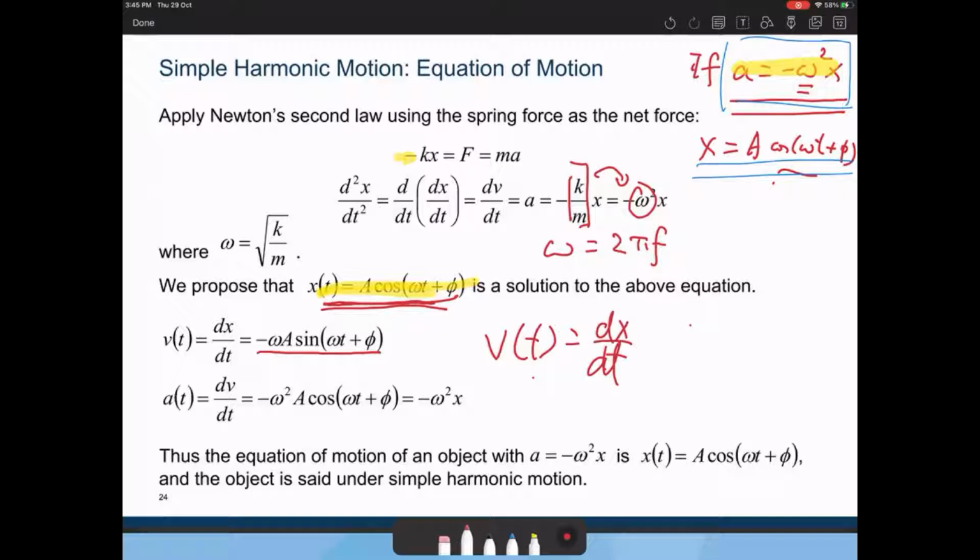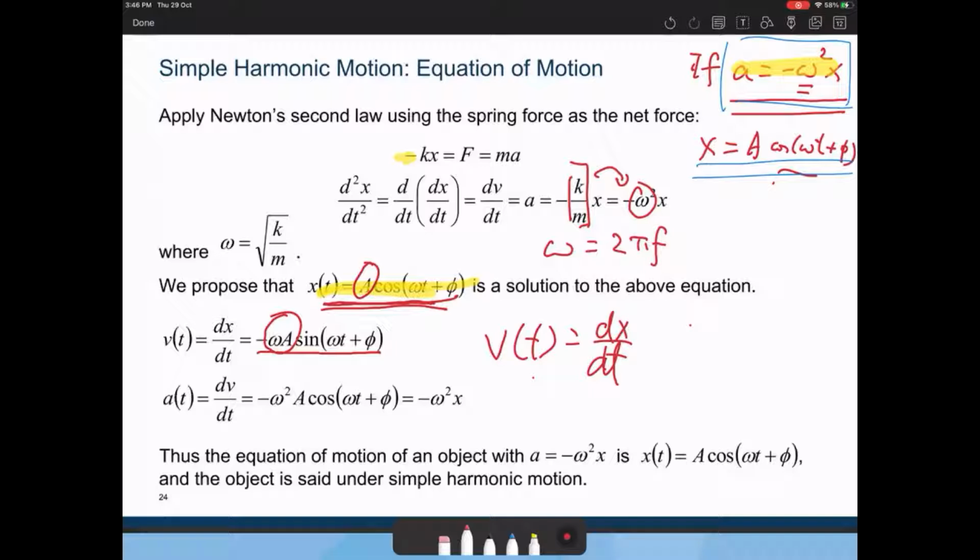As you will see, the amplitude of the velocity is equal to omega times A. So they are actually related to the amplitude of the displacement. Now, forget about the negative sign because we are just talking about the size of the velocity. It could be positive or it could be negative, but the size is omega times A.